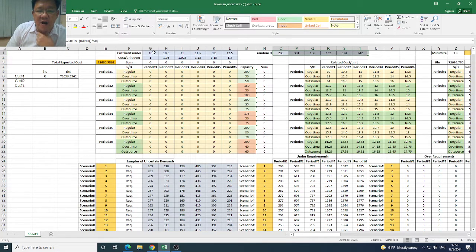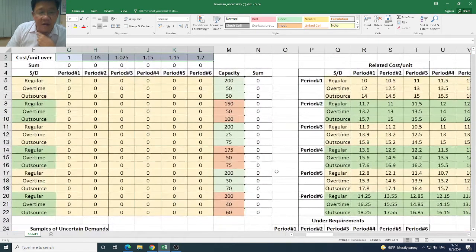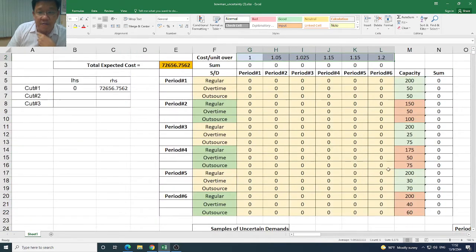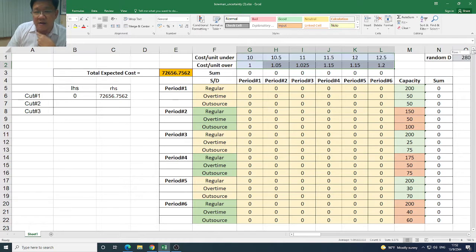We also have a cost of under. If you are under demand and want to fulfill the demand, there is a back order cost, which is a lot more expensive than the inventory cost. The cost per unit of under means the cost per unit of under the demand requirement, where you need to purchase more or put it in back order for the next period.